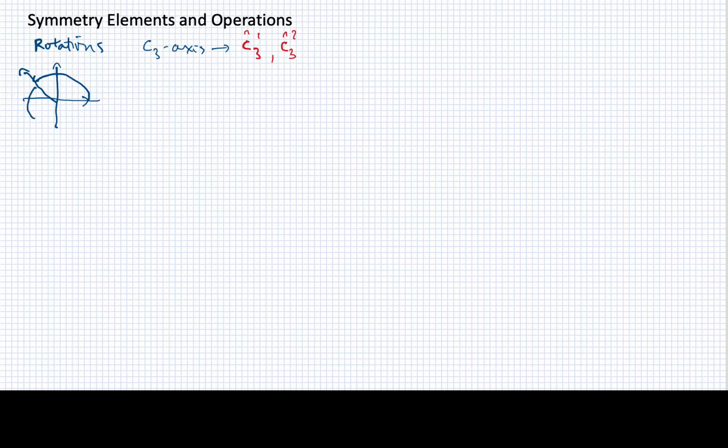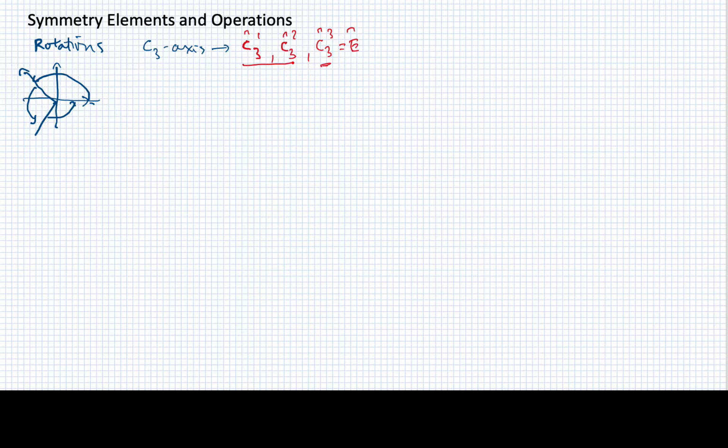If I operated a second time through a C3 operation, I might get to here, and a third time would bring me back to the starting point. So if I were to go ahead and fill out the third one of these C3 operations, in fact, this operation is equivalent to the identity operation because I've simply returned the molecule back to its starting point.